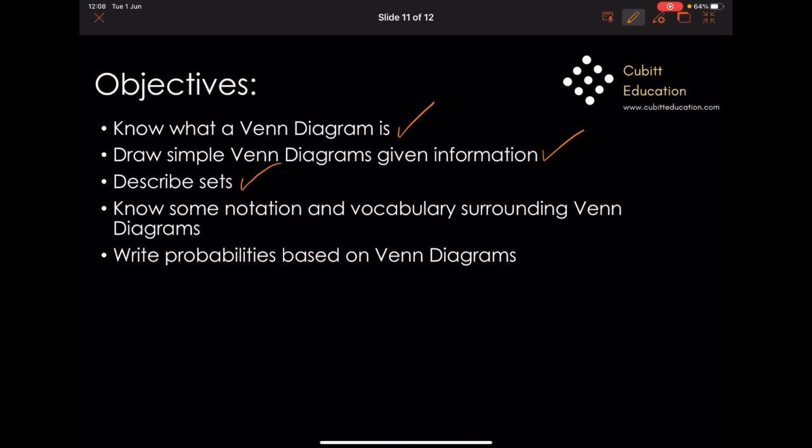We've described sets, you've learned some vocabulary and notation surrounding Venn diagrams, and we've done examples. We've then written some probabilities based on Venn diagrams. So again I would urge you to watch that a few times to make sure you understand everything. Go through the set notation examples as well as the questions at the end, just to make sure you understand them wholeheartedly.